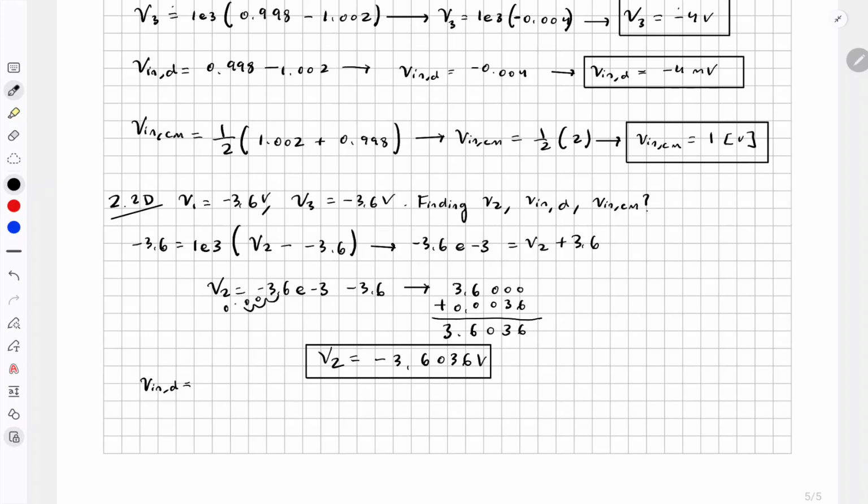Okay, so we just found V2 here. Let's find the difference. So it's just V2 minus V1.